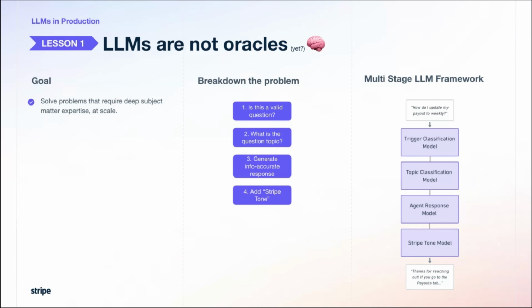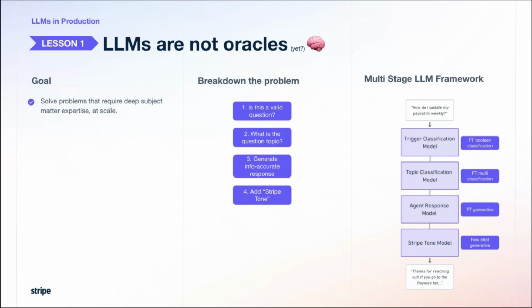So our end solution here consists of a sequential GPT framework, which relies heavily on GPT fine-tuning on label data. It also employs a retrieval augmented generation, or RAG-like, approach to question answering. The first fine-tuned trigger classification model filters out any candidate user support questions that are not suitable.